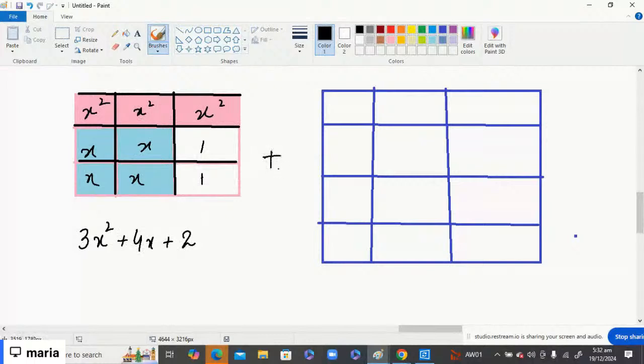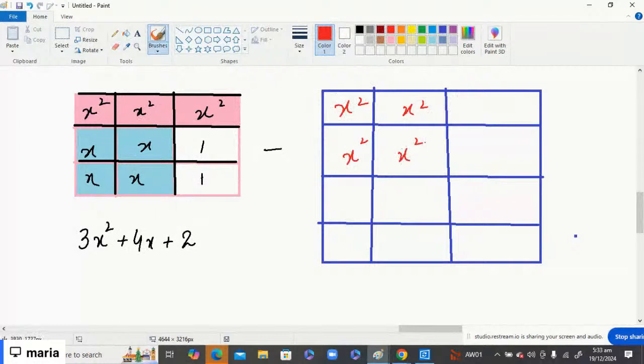Add up with or subtraction with. Let's suppose the subtraction. This one. So here it's x square, x square, x square, and x square.